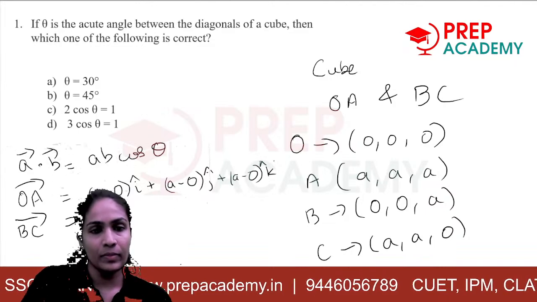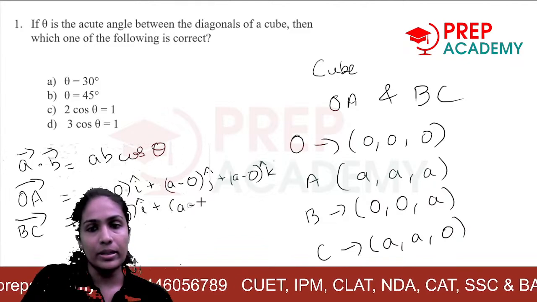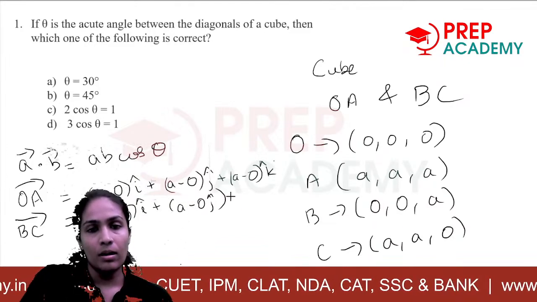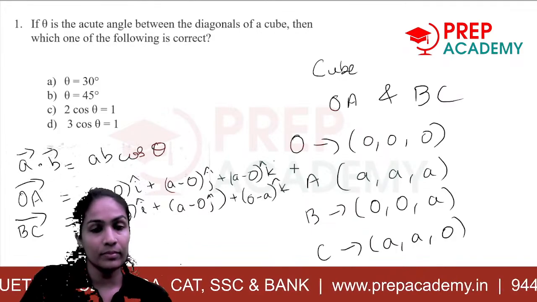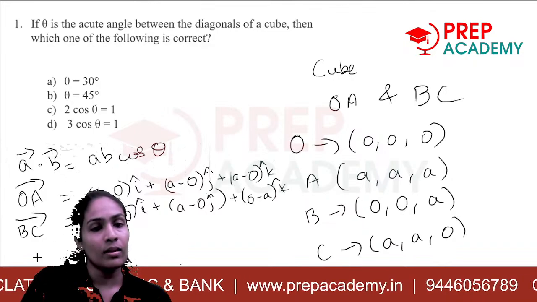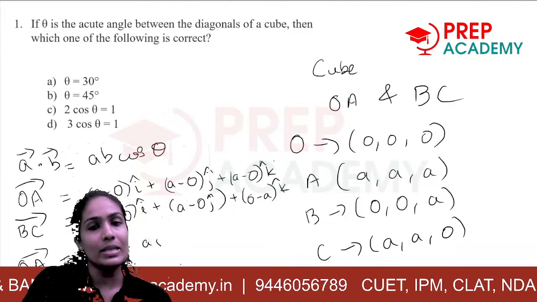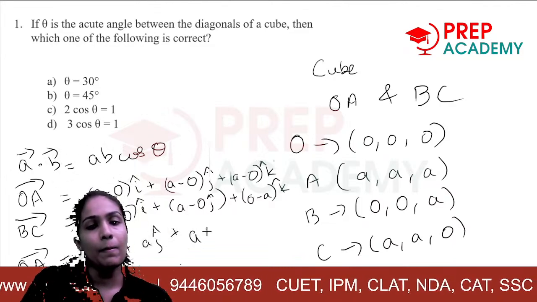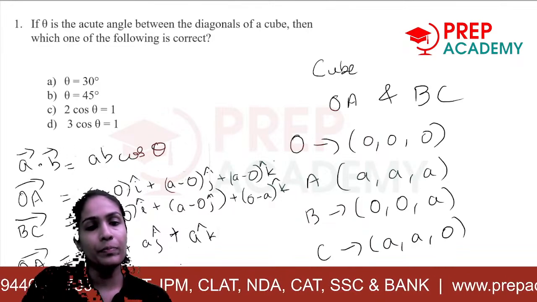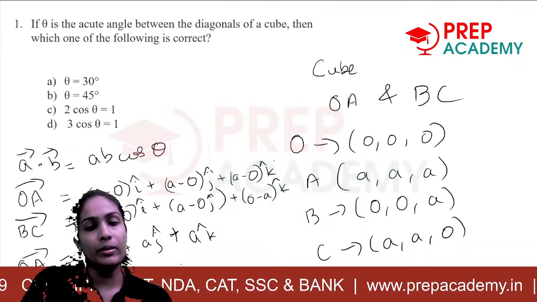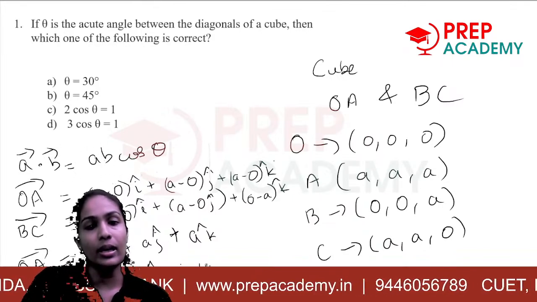BC is (a minus 0) i cap plus (a minus 0) j cap plus (0 minus a) k cap. So OA vector is equal to a i cap plus a j cap plus a k cap, and BC vector is equal to a i cap plus a j cap minus a k cap.